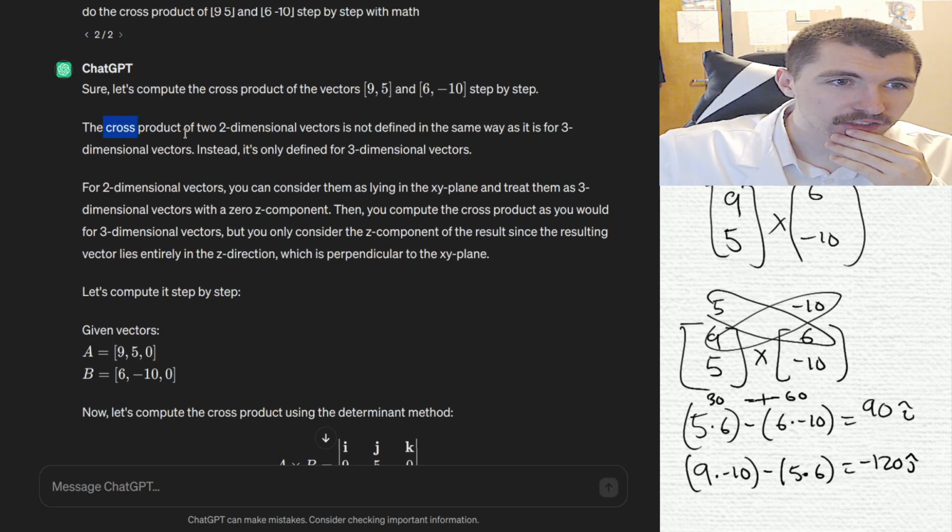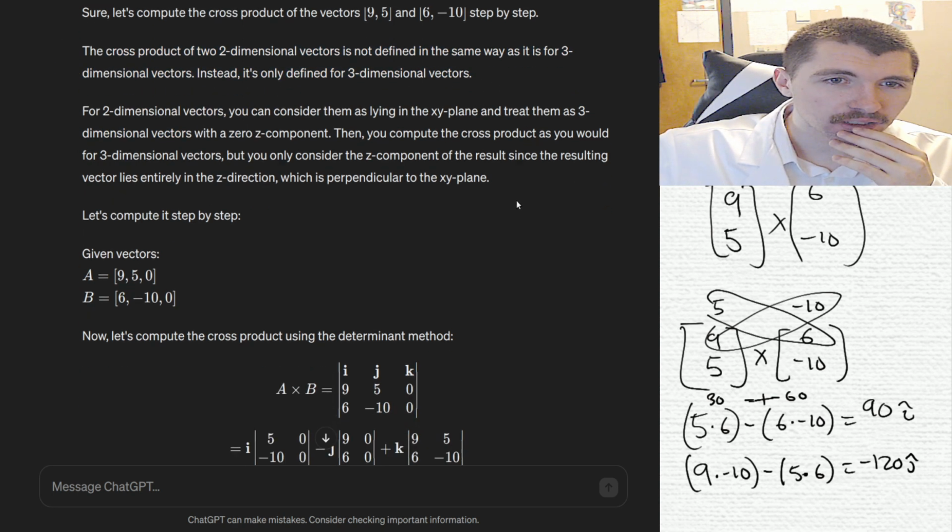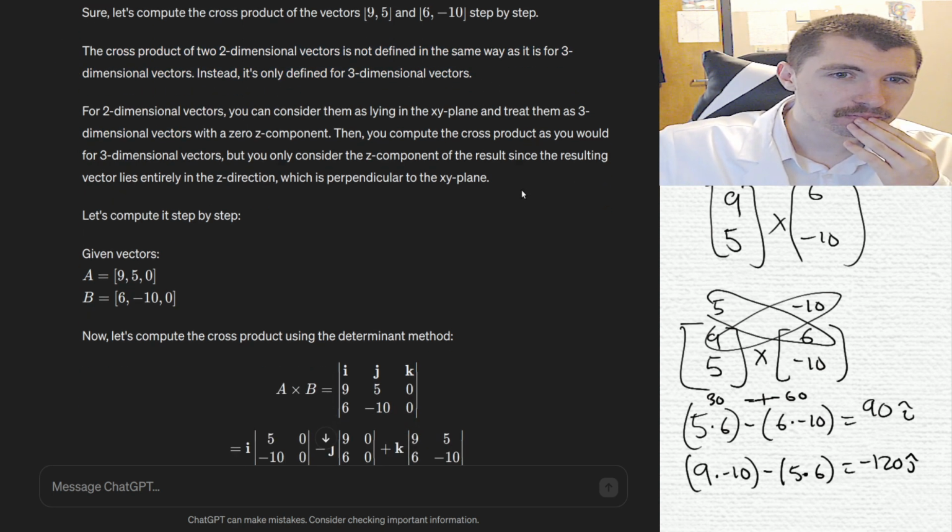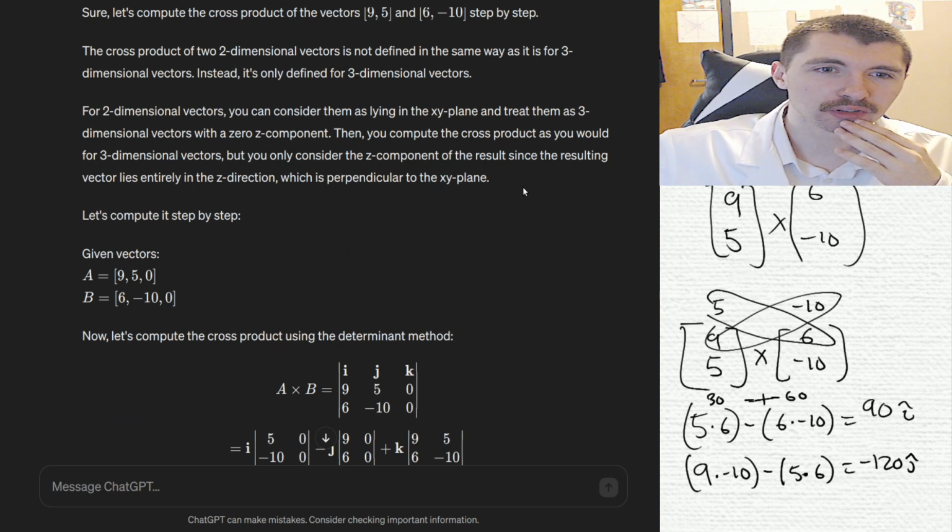I didn't know this, because the book was having us do 2 dimensions.